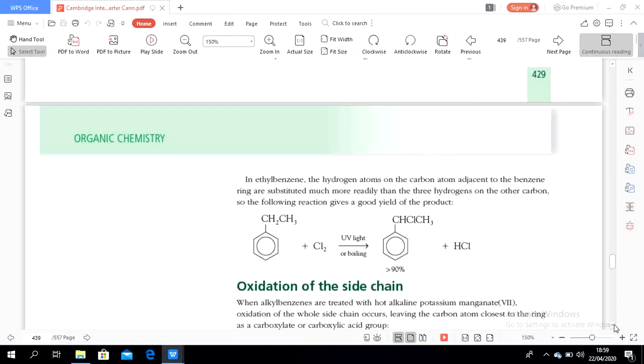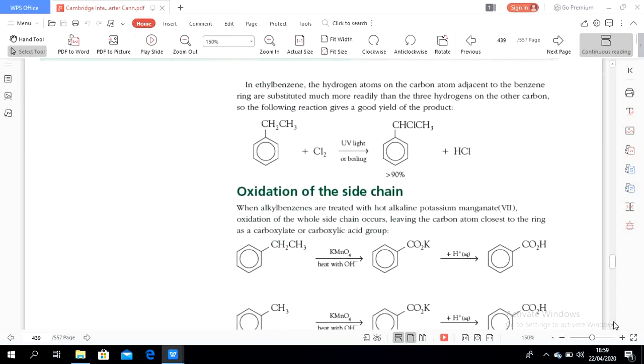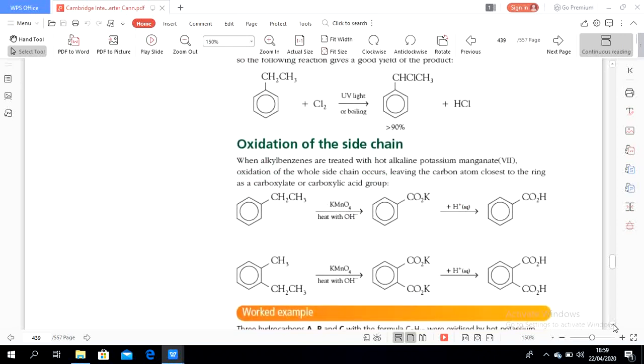Okay, now let's continue to the oxidation of the side chain. When alkylbenzenes are treated with hot alkaline potassium manganate, please highlight that the catalyst is alkaline condition and also potassium manganate, and then the condition is hot.